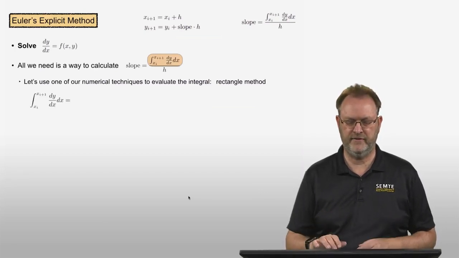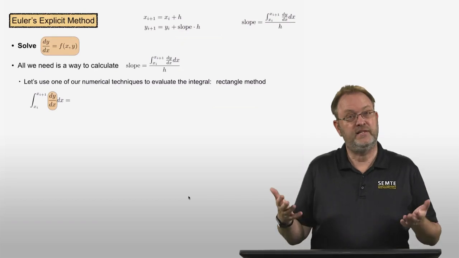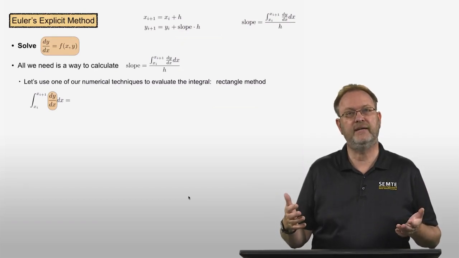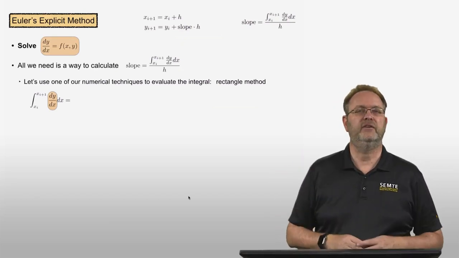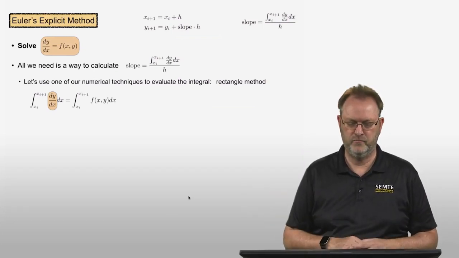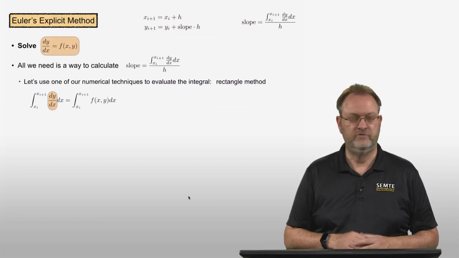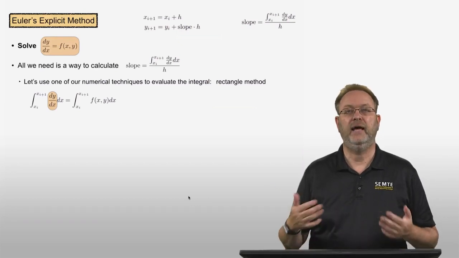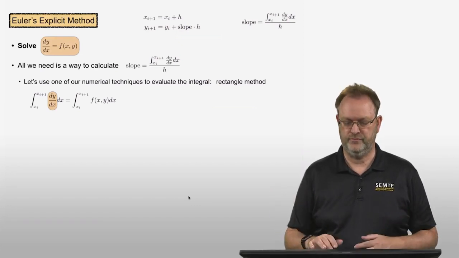Okay, so rectangle method applied to this. What is dy/dx? Well, dy/dx is the right-hand side of the ODE that must be given to us, this f of x and y. So we have to integrate from x_i to x_i plus 1, f of x and y dx.